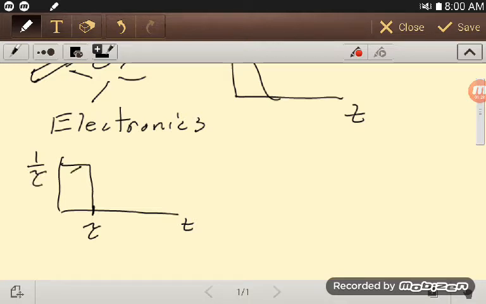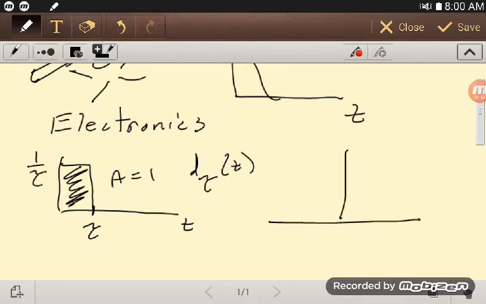The reason I would do this is that area is equal to 1, so then I could scale such a function any way I want, and we can call this function d sub tau, for whatever tau we pick, and that's a function of t.